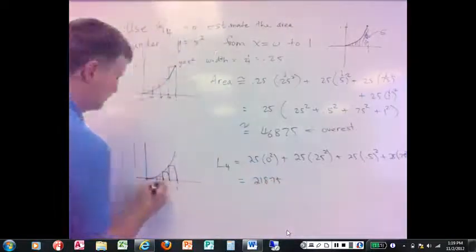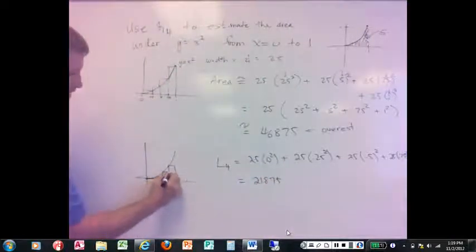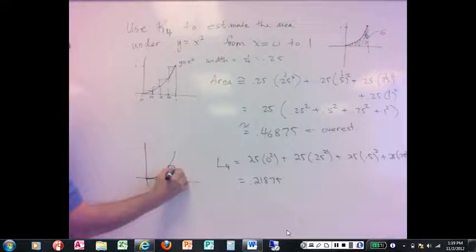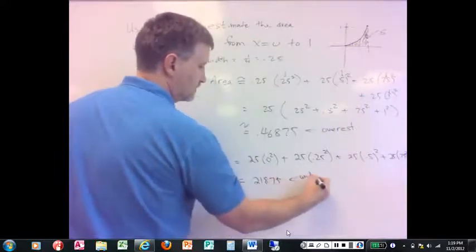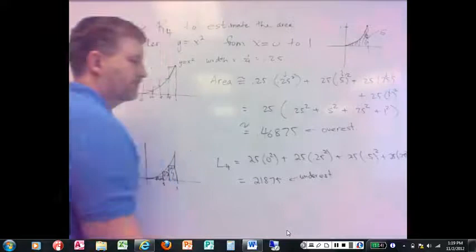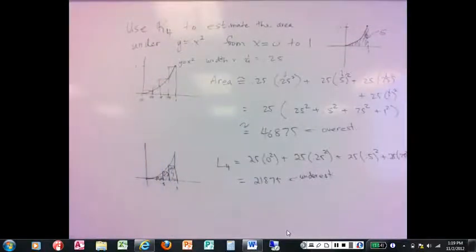And so notice there, this area would be an underestimate of our actual area. Okay?